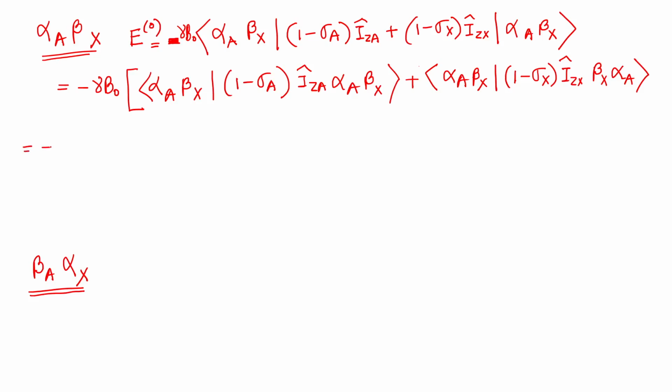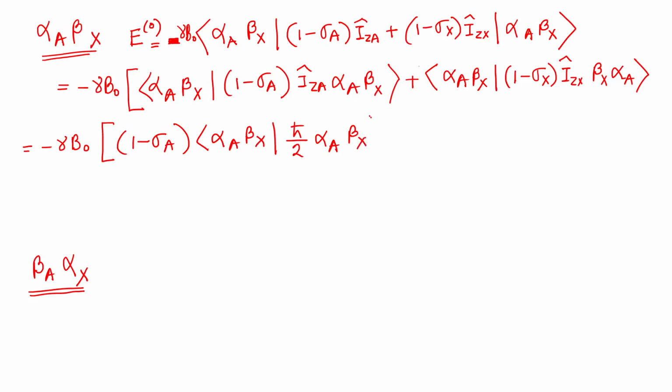From the first term, 1 minus sigma A is going to be here, and Iz A operating on alpha A leads to h cut by 2 alpha A, and beta x will remain as it is.